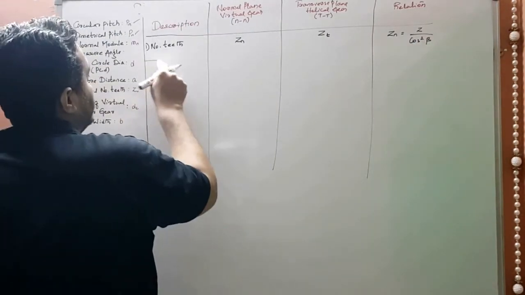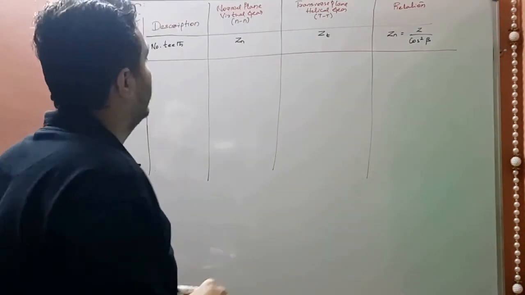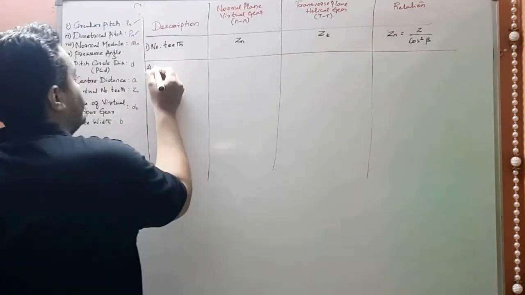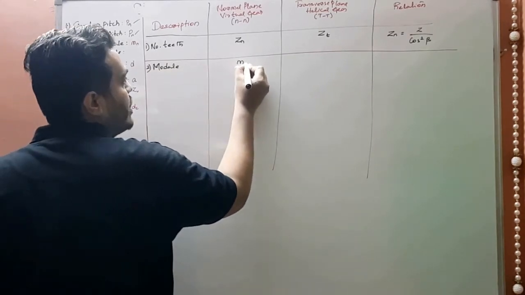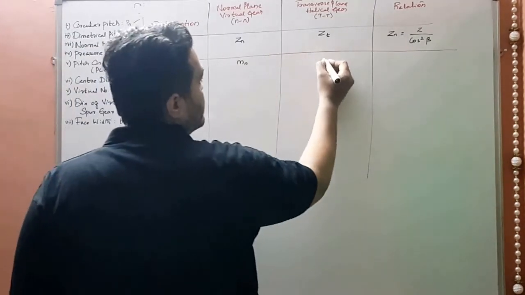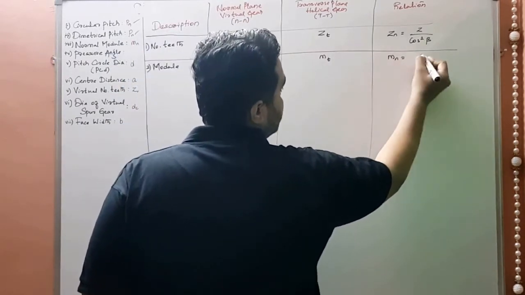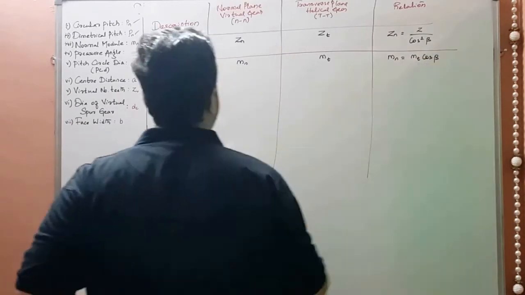So this is the relation between the number of teeth. Next, make a note of it, module. With respect to the normal plane it is Mn, and with respect to the transverse plane it is Mt. We have the relation Mn is equal to Mt cos beta.